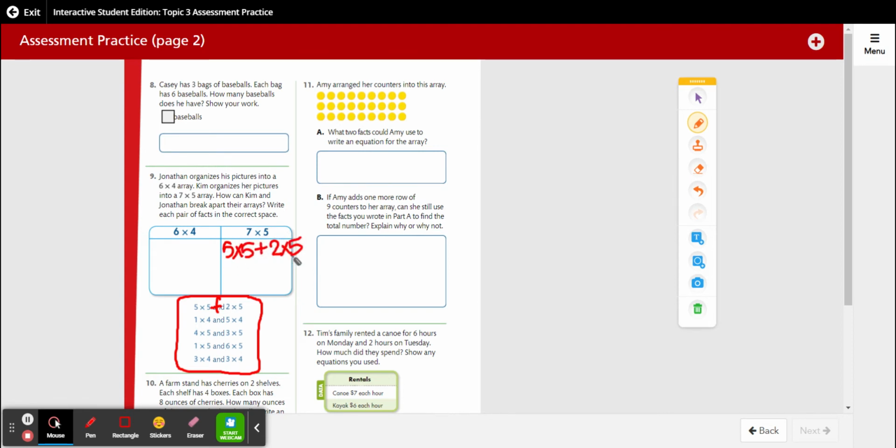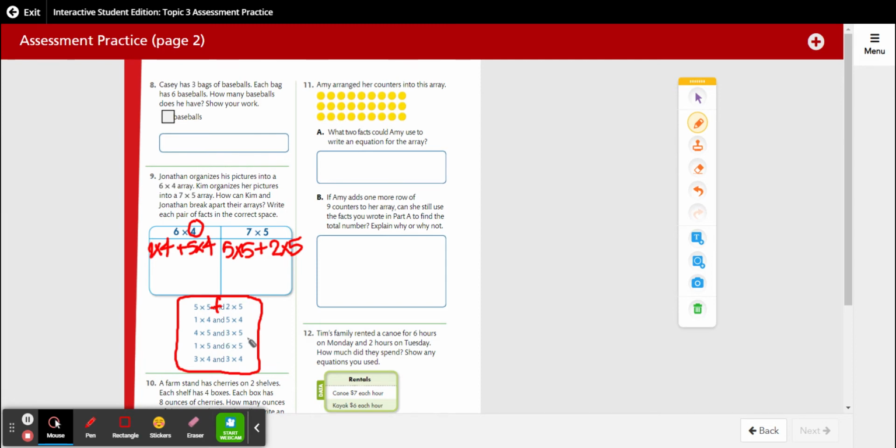So this is what I will want to see here in the space. 1 times 4 and 5 times 4. Well, the factor 4 appears here in Jonathan's array, and 1 and 5 equals 6. So 1 times 4 and 5 times 4 go here.